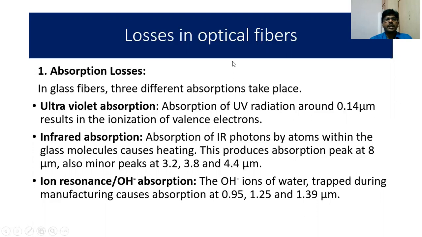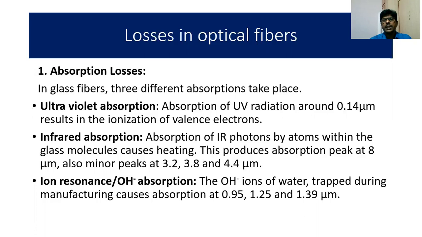Absorption losses. In glass fibers, three different absorptions take place: ultraviolet absorption, infrared absorption, and ion resonance or OH minus absorption. What is UV absorption? Absorption of UV radiation around 0.14 micrometer results in the ionization of valence electrons.